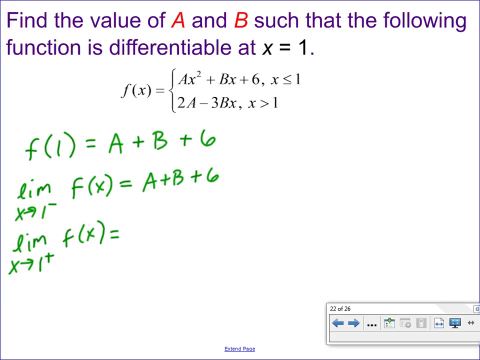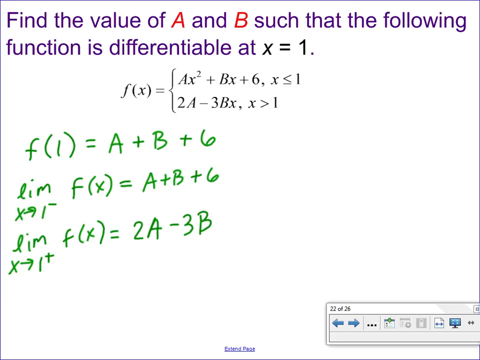As x approaches 1 from the right-hand side, I'm going to use the bottom definition, 2a minus 3bx. As x approaches 1, what does that expression go to? Right, as x approaches 1. Kobe? 2a minus 3b. 2a minus 3b.